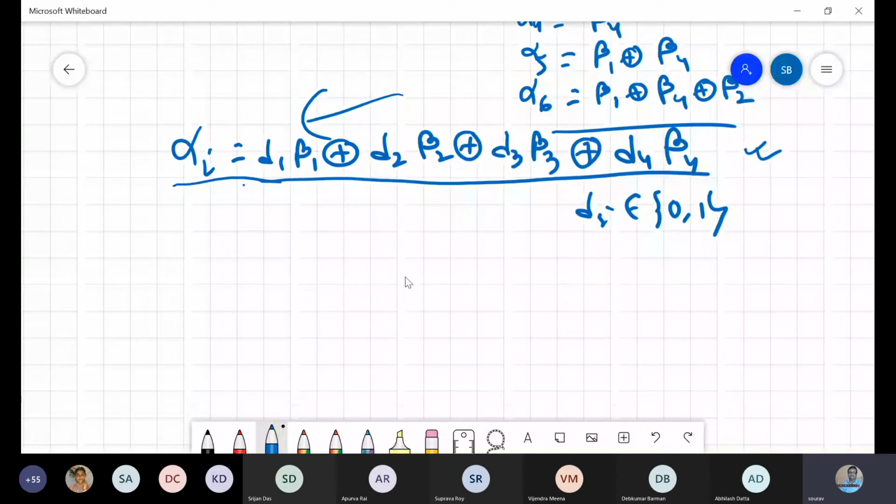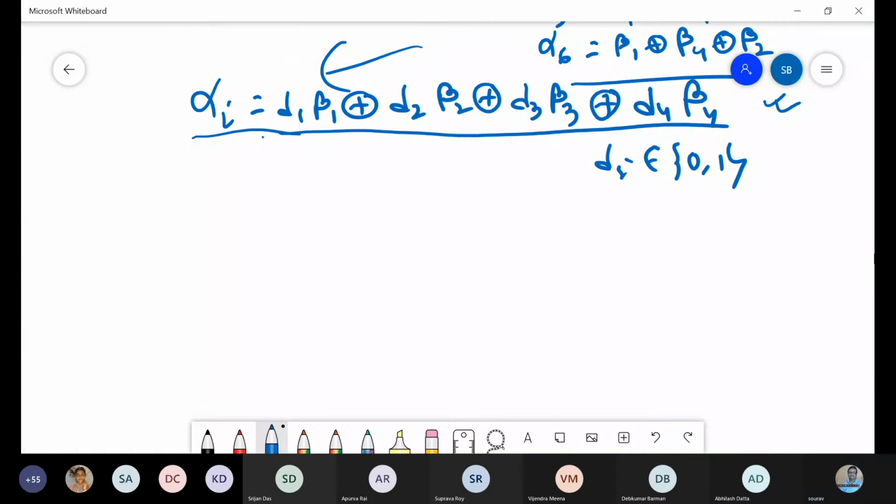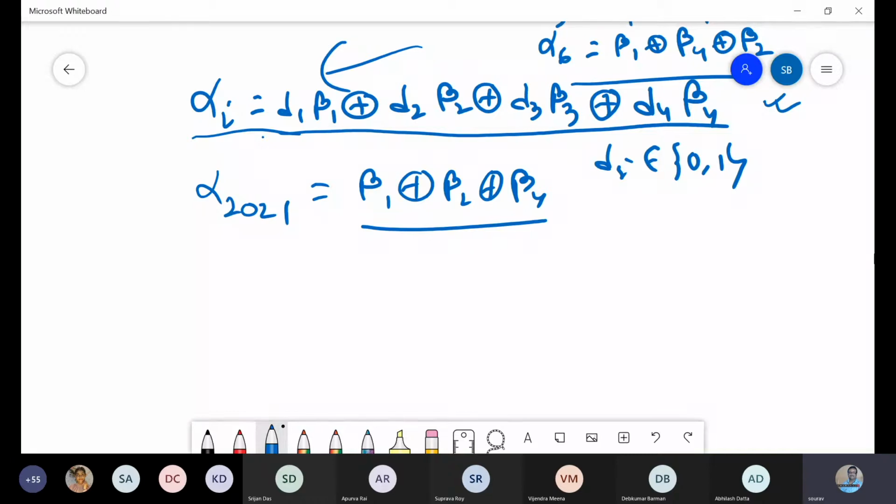Now can you think of an attack from here? That means alpha 2021 is also a linear combination of some combination of, say, beta 1, maybe beta 2, or maybe beta 4, something like that. Any alpha, like that. Can you mount an attack on this?